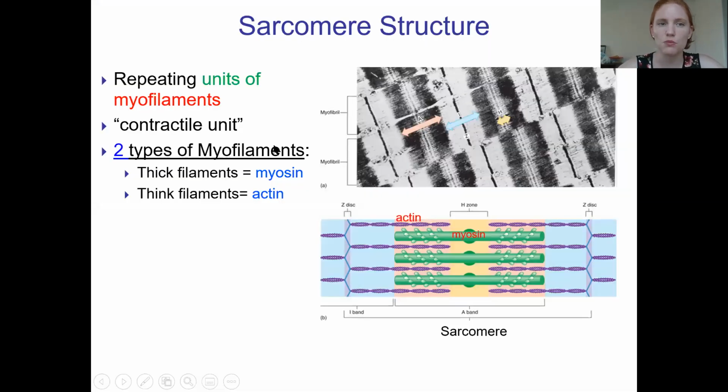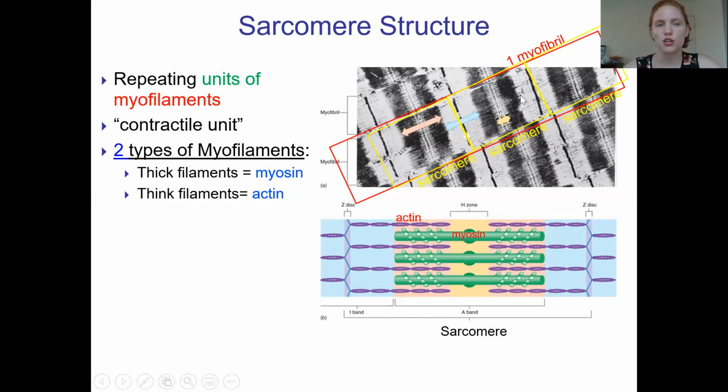A sarcomere is one repeating unit within one full myofibril. If you're looking at this picture right here, here is one myofibril, one collection of myofilaments. In that, we have repeating units, which are seen from here to here. There's one sarcomere, there's another sarcomere, and then another, right? So we have repeating units of sarcomeres.